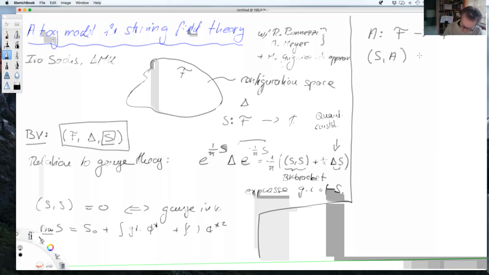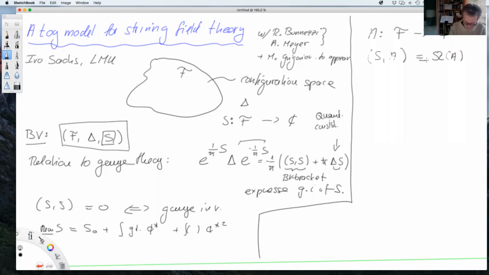Let me write it, omega of A. Since I already have this action functional, I can build this BV bracket of this action functional with any other functional A, or function if it's a finite dimensional space. And then this acts like a vector field. So the moment I have this BV structure, this induces a vector field on this space of fields, which I denote by omega.